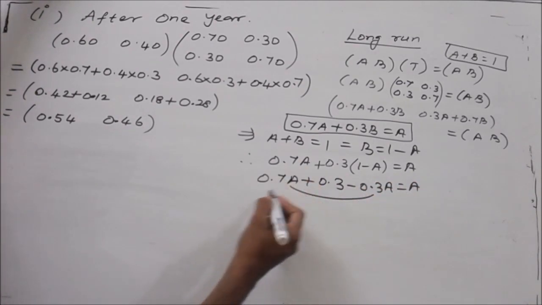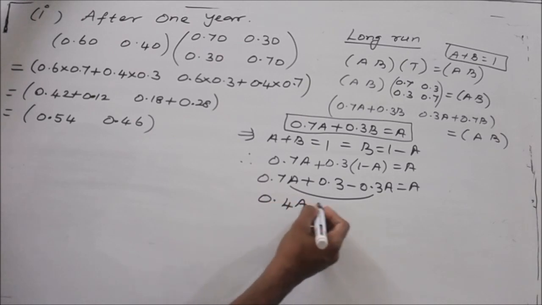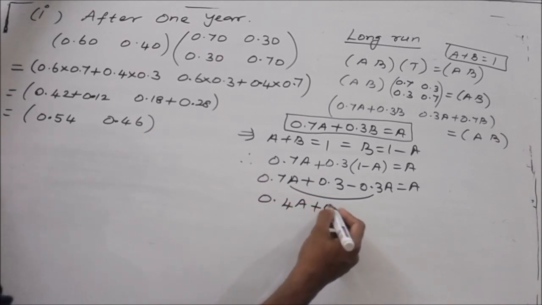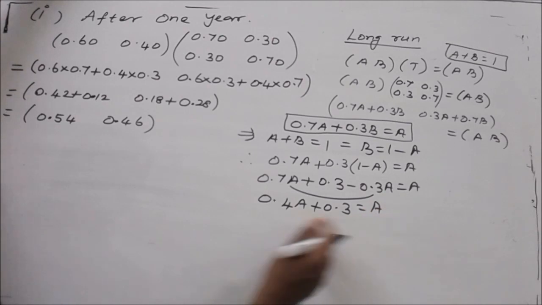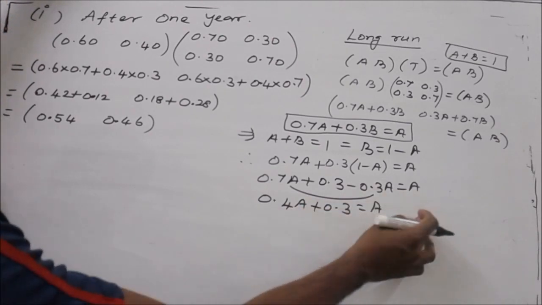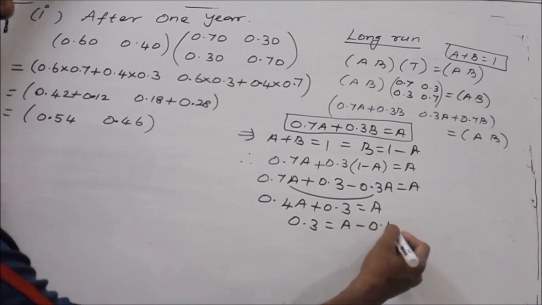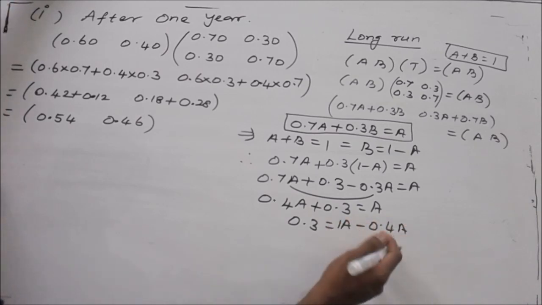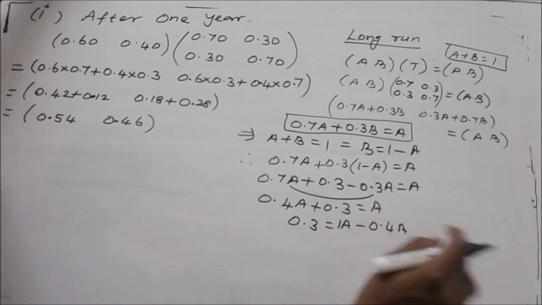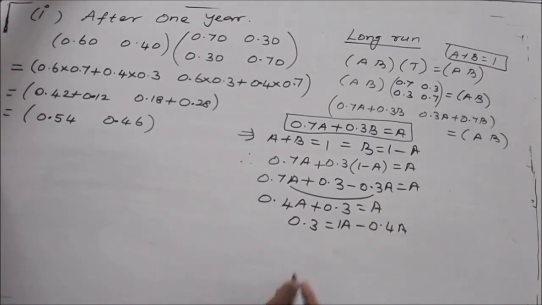Simplifying these two values, 0.4a plus 0.3 equal to A. Now 0.4a on the right side, 0.3 equal to A minus 0.4a. A means 1a here, so 1 minus 0.4 equal to 0.6.